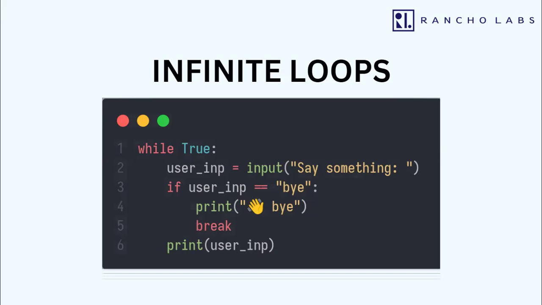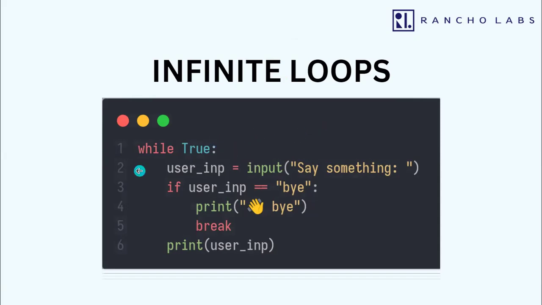In a chatbot, we don't know how many queries the user will ask, so we don't know how many times a loop should iterate. In those cases, we'll be using infinite loops.